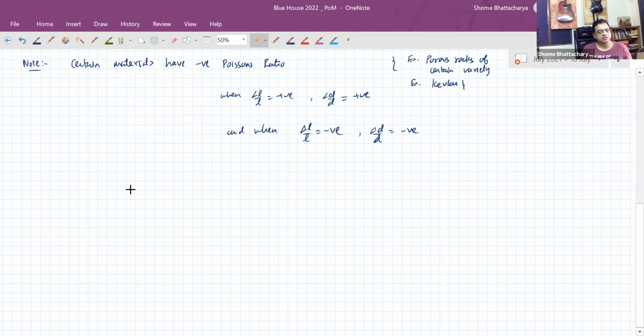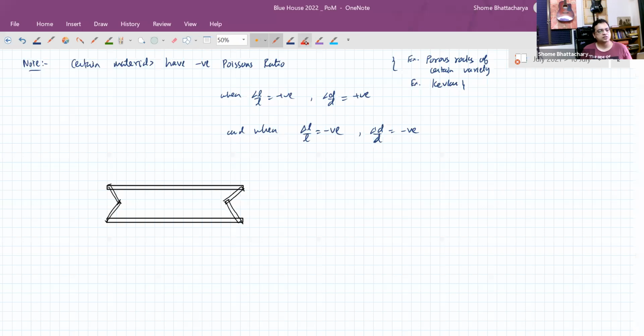Suppose you create a structure like this. It is made of metallic bars which are hinged together. These metallic bars are all hinged at these places.